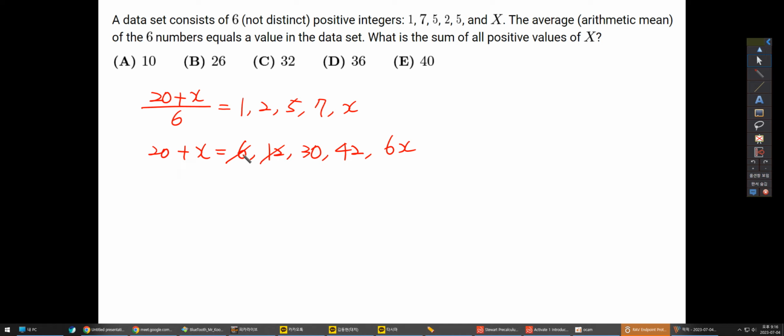So we don't have to think of this. 6 and 12. So if we subtract 20, and for the last equation, x is 4, because 5x is 20. Yep, so what's the sum of these three numbers? Add them. 36 is the answer.